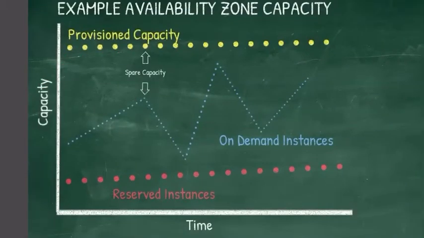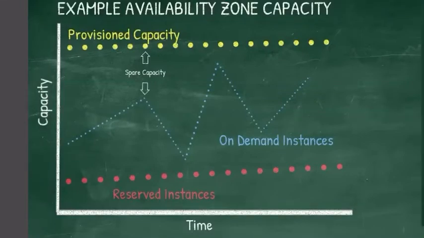Customers can enter their max price for spare capacity in the spot market. AWS controls the spot price based on the spare capacity in the availability zone. Spot instances provide steep discounts of up to 90% over on-demand price. However, customers can lose this capacity if AWS needs the capacity back.